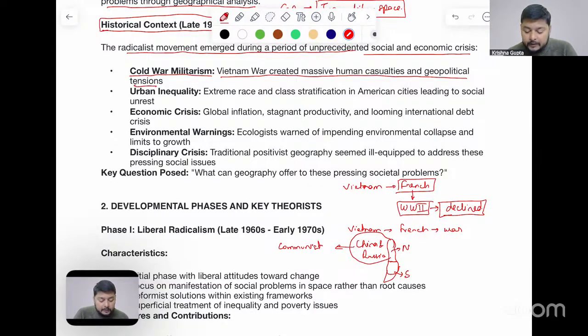While South Vietnam was very much associated with the democratic system. So this resulted in another war within Vietnam, where the communists were able to overpower the democratic side, and therefore there was the development of the communist government, which was supported by Russia and China here.